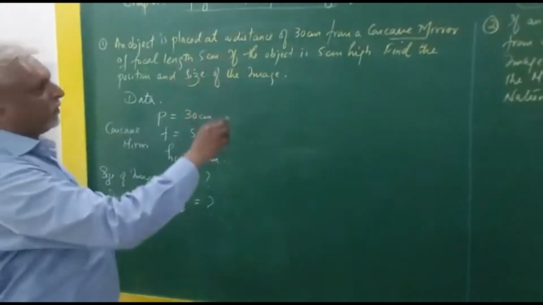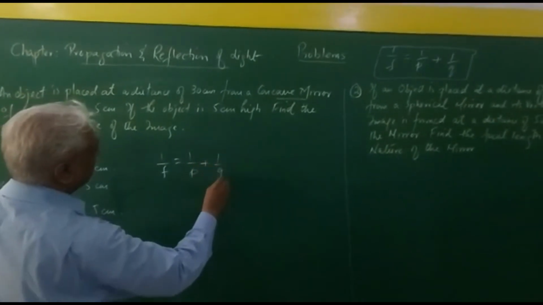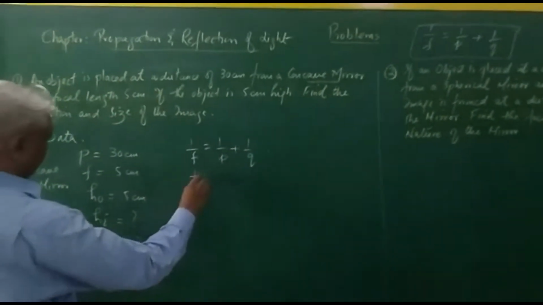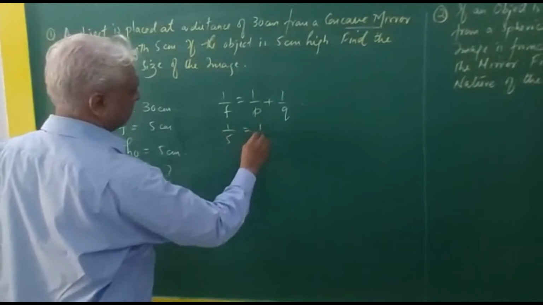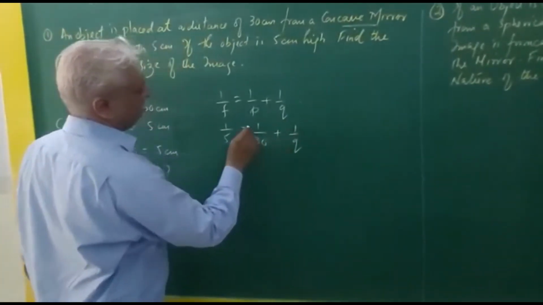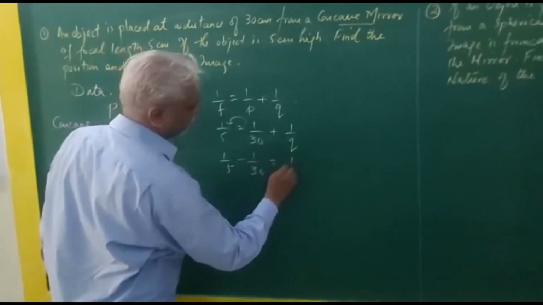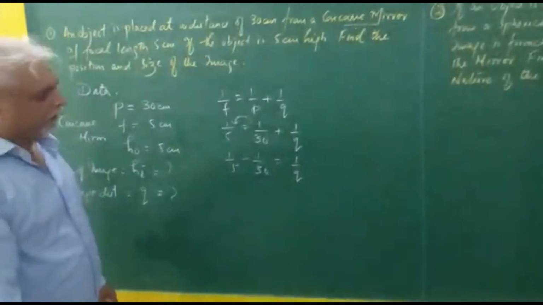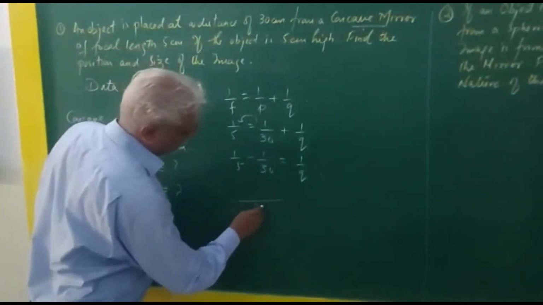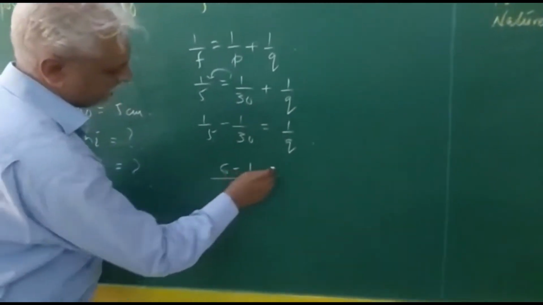So we'll apply that formula. 1 over F is equal to 1 over P plus 1 over Q. Now, the focal length is 5. Object distance is also known to us, 30. So when you shift this over here, 1 over 5 minus 1 over 30 is equal to 1 over Q. Taking 30 as your LCM, 5 will go 6 times, 30 will go once.